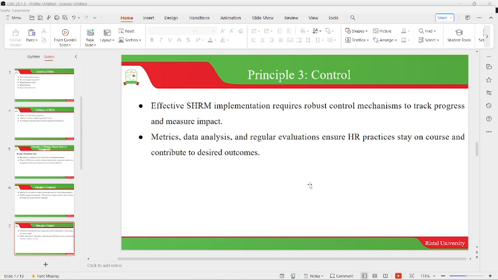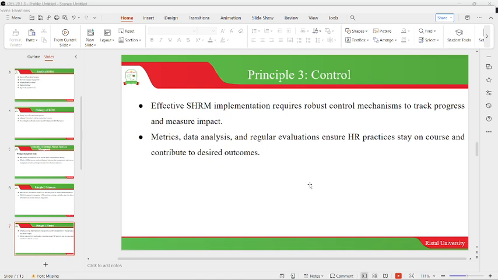Then under control is number two. We have metrics, data analysis, and regular evaluations that ensure HR practices stay on course and contribute to desired outcomes. So in terms of evaluation, you can talk about it in terms of appraising the performance of the employees. Okay, that's actually another element of control. You appraise the performance and see where the problem is.